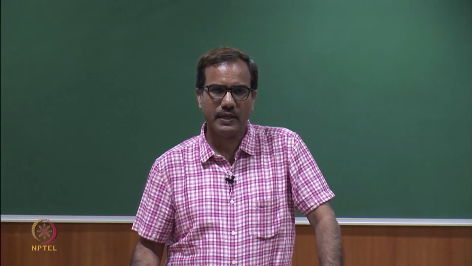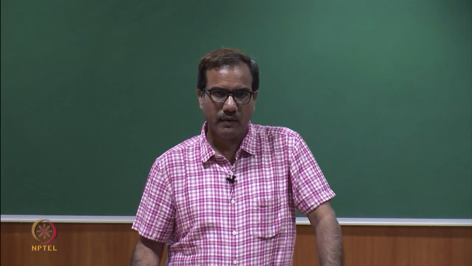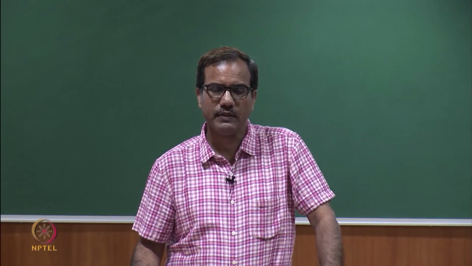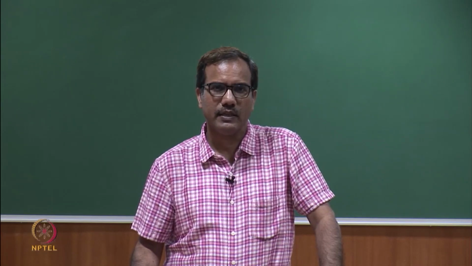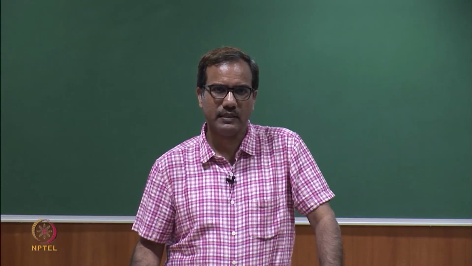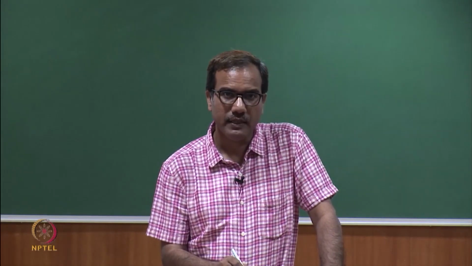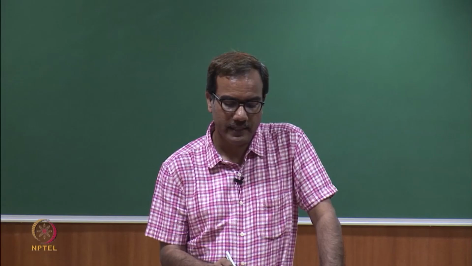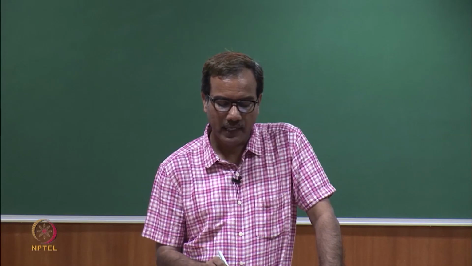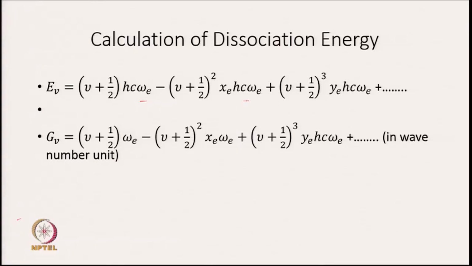We have already looked at the energy of different vibrational levels when we consider the anharmonic oscillator. For that, the energy is given by (V plus half) h c omega_e minus (V plus half) squared x_e h c omega_e, plus higher energy terms.